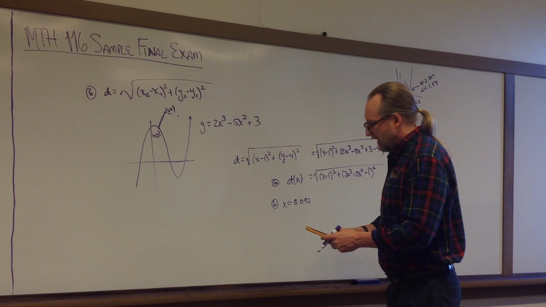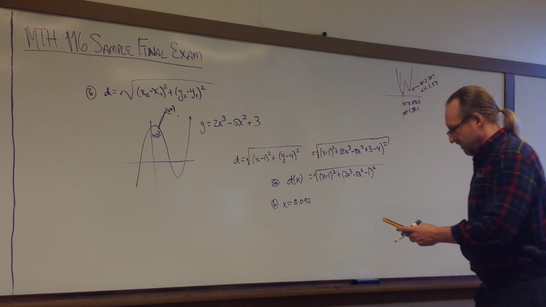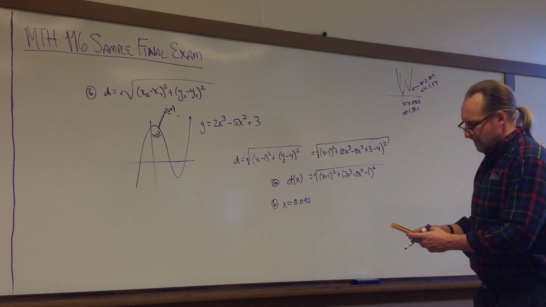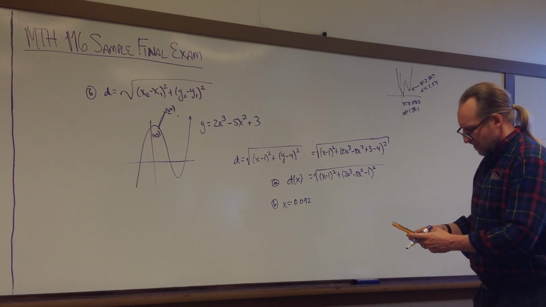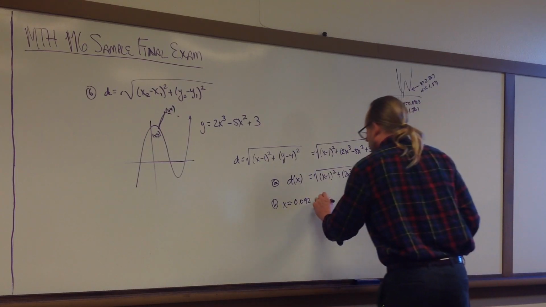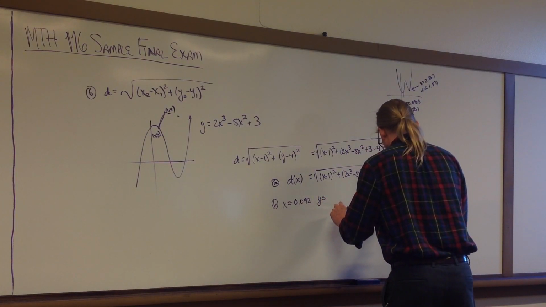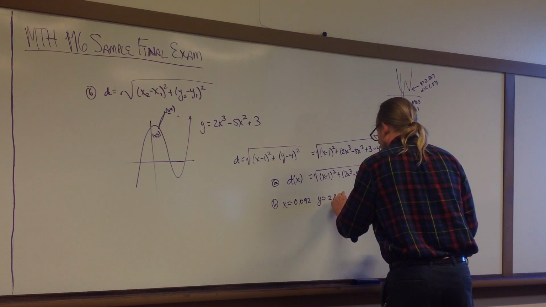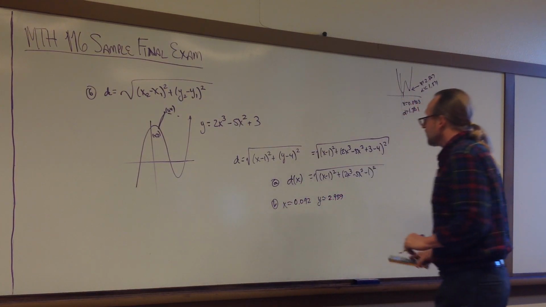I'm going to store that as x and then evaluate 2x to the third minus 5x squared plus 3. And so y should be approximately 2.959 to 3 decimal places.